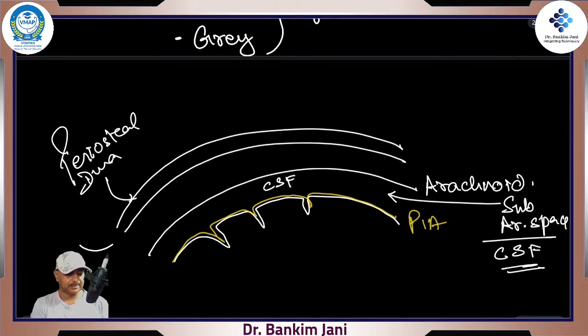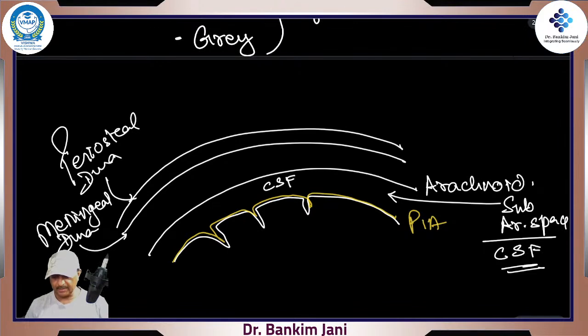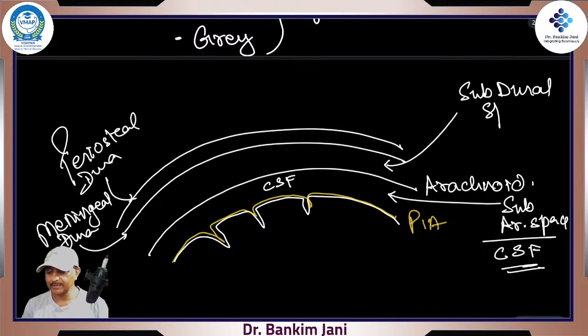And then there is another one which is called the meningeal dura, right? And this space is called the subdural space. And where were all those dural venous sinuses?